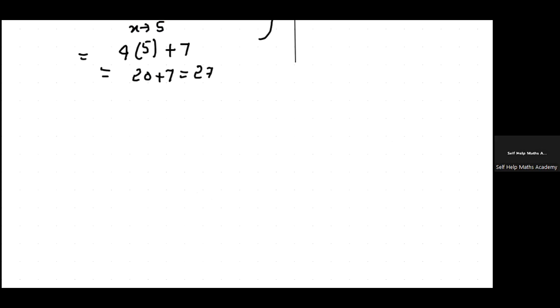It says limit of x square minus 2x plus 7 as x is approaching 4. So let's find this value. Now I'm going to use the polynomial rule, that is, we know limit of f of x as x is approaching a will be equal to f of a.